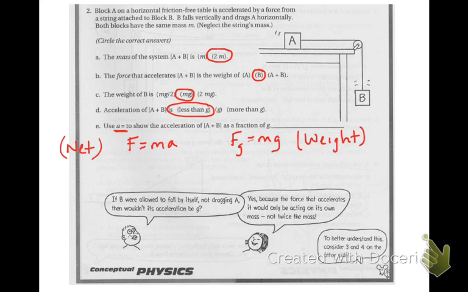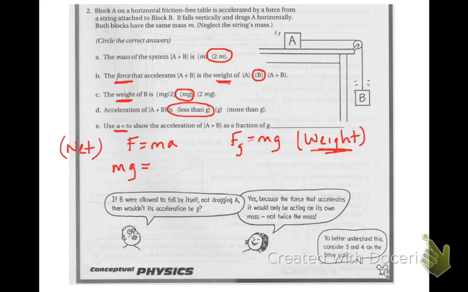So, that means that our force in our net force equation is equal to mg, because we determined that the weight was equal to mg, and weight is a force. It says the force that accelerates A plus B is the weight of B, so once we determine the weight of B, we can substitute that in for the force.